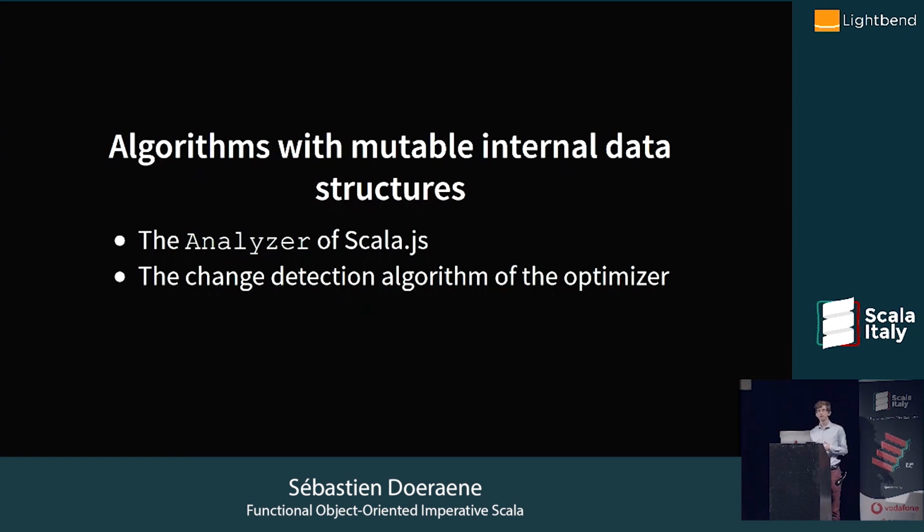So here, what's changed is that it's not just inside the method, it's a lot of methods that share their mutable state. But still, from the outside, from the rest of the program, this analyzer is still one purely functional method that takes a program as input and returns an analysis as output.